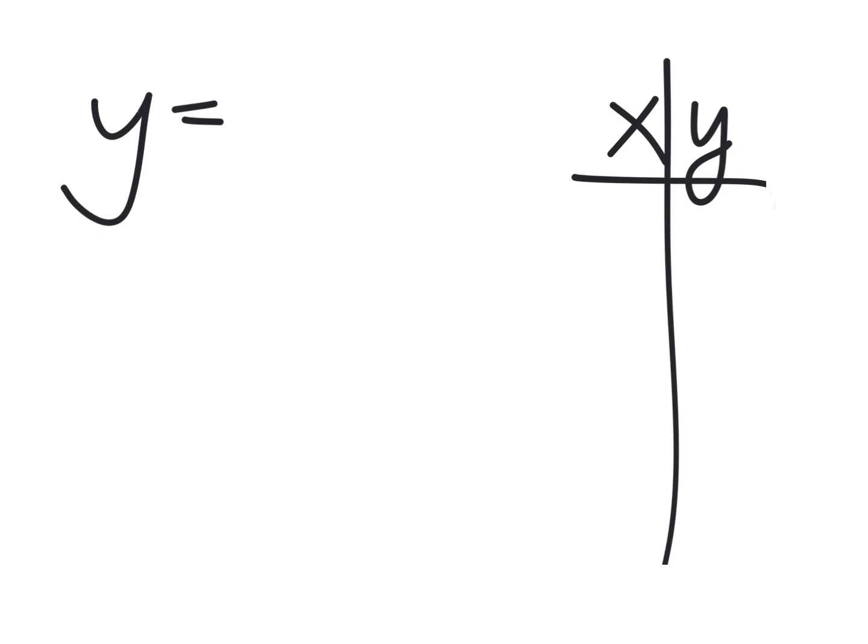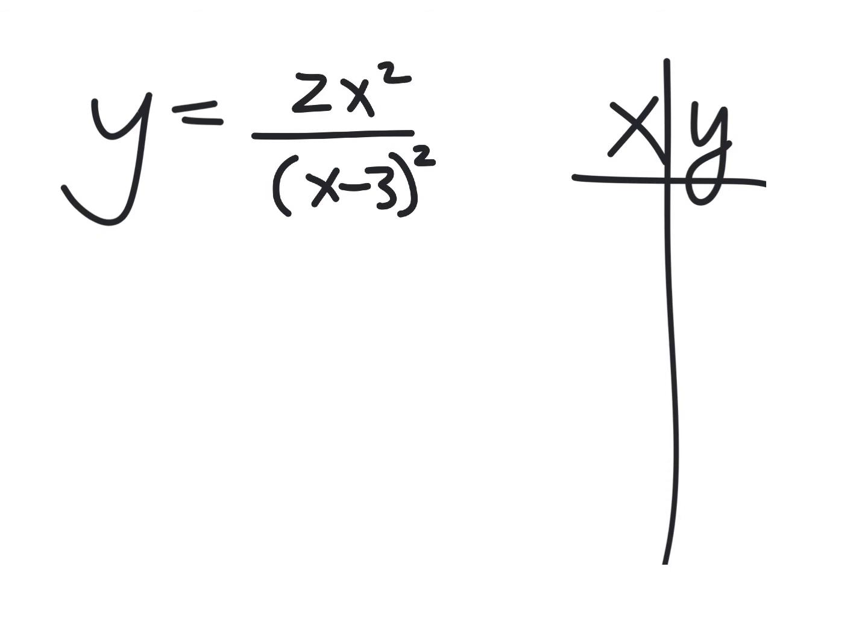That's easy. It's finding the other points that aren't on those asymptotes. In the denominator, you're going to have an x minus 3, squared. And on the top, we're going to have a 2x squared. I said it's super easy to find the asymptotes, but let's make sure you can. Figure out the horizontal asymptotes, if any, and the vertical asymptotes, if any.